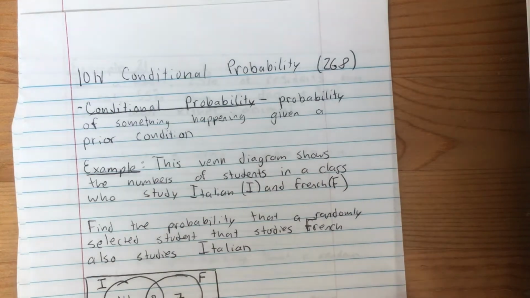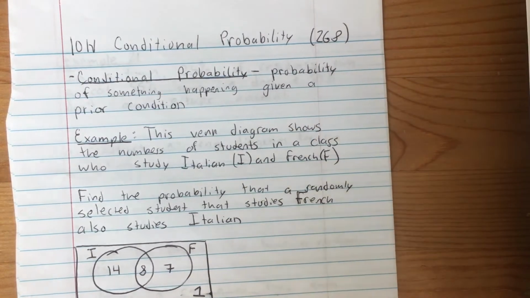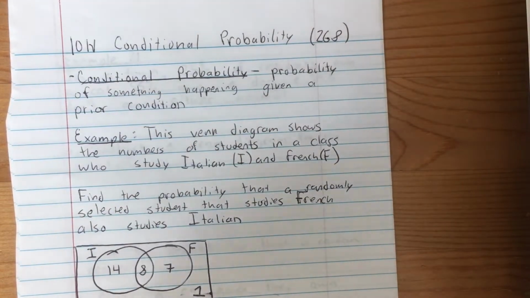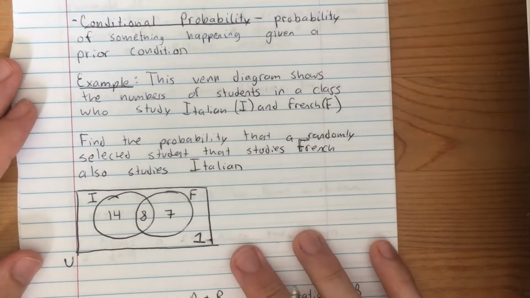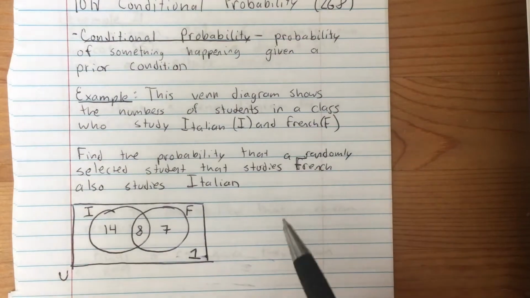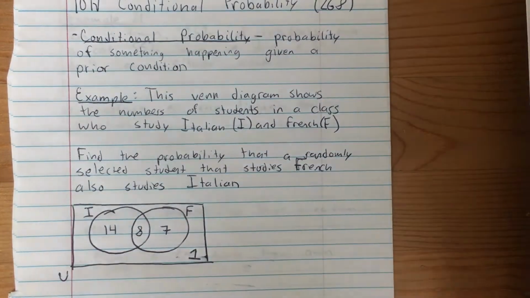So with that, we're going to be looking at examples today that find the probability of something happening given that this has already occurred. The first example I want to look at here, we've got a Venn diagram that shows the number of students in a class who study Italian and French.